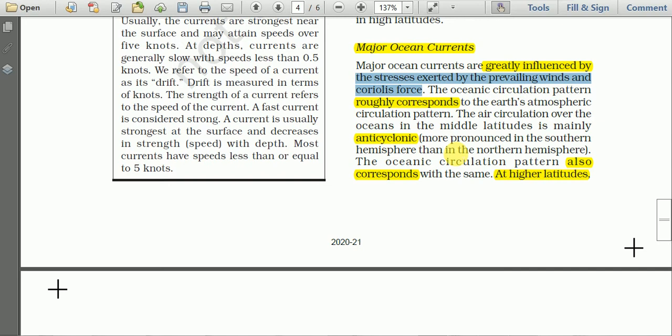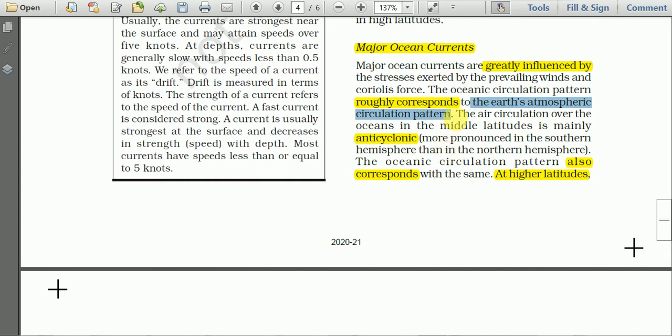And the Coriolis force causes a change in the direction of the ocean currents. The oceanic circulation pattern roughly corresponds to the Earth's atmospheric circulation pattern.